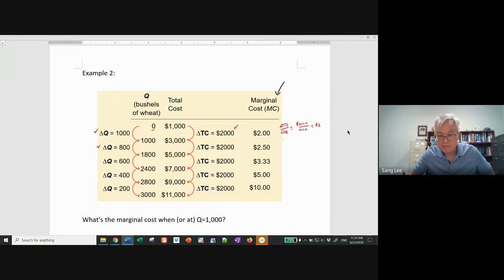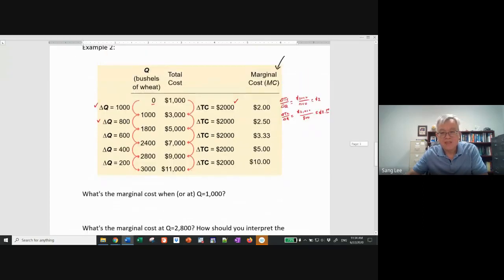So change in total cost over change in Q: 2,000 over change in quantity 800, and that gives you $2.50. You can calculate the marginal cost exactly the same way by dividing change in total cost by change in quantity.